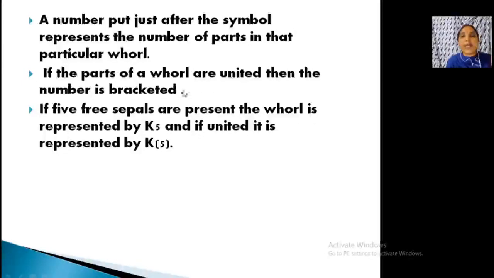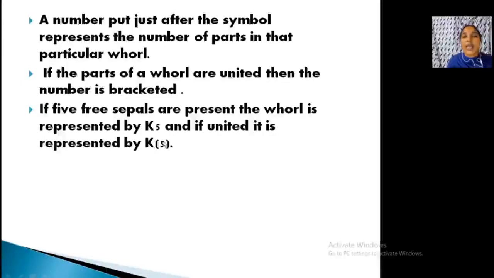Then if the parts of a whorl are united, you put the number in brackets. If it is free, no bracket. K5 means K is calyx, 5 is sepals, so 5 free sepals, that is polysepalous, which we studied in the last class.